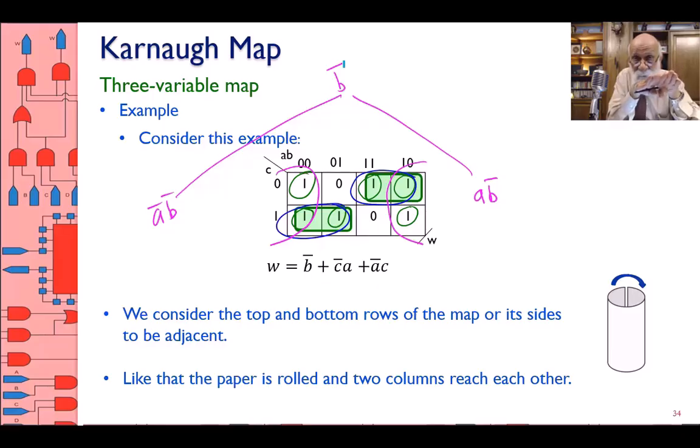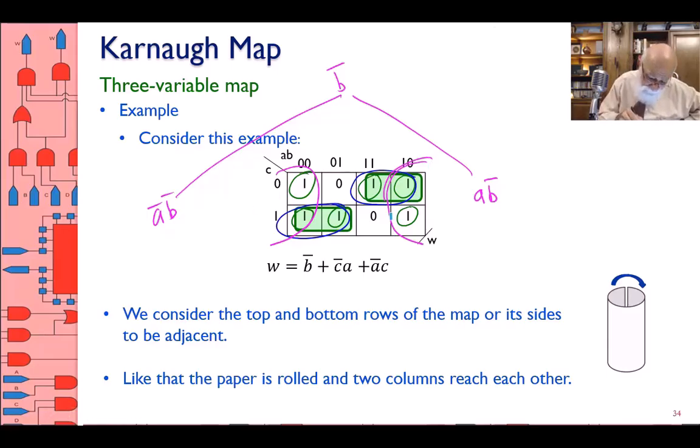Look at the Karnaugh map as a circular map. And therefore, the two sides are also connected, like this paper is. And therefore, if you look at it this way, then you see, oh, of course, this and this are adjacent. And therefore, the way you map it is exactly what I'm showing here.